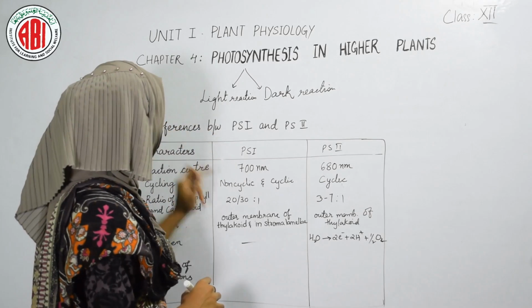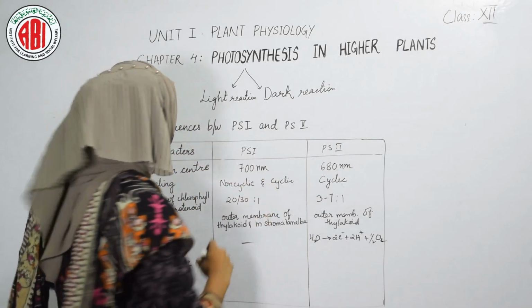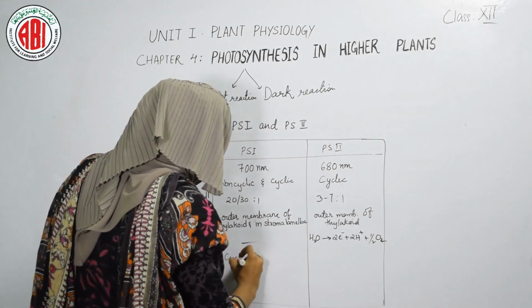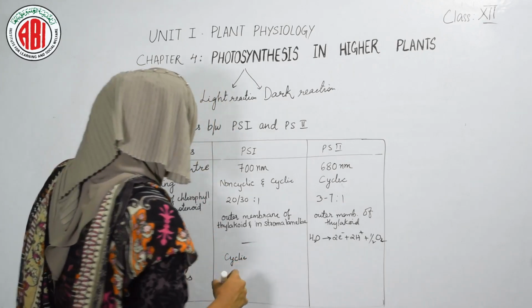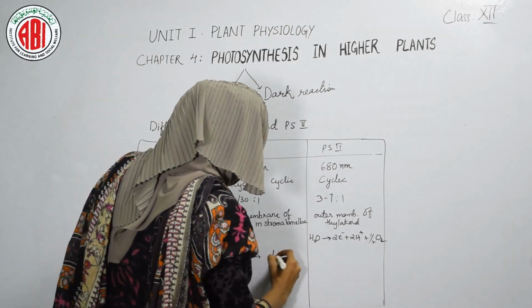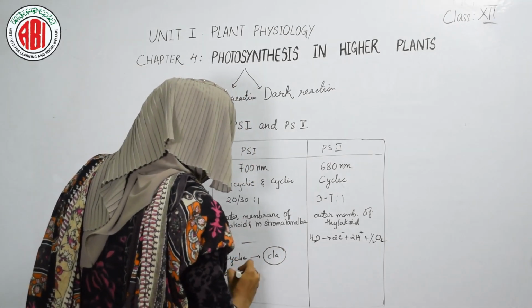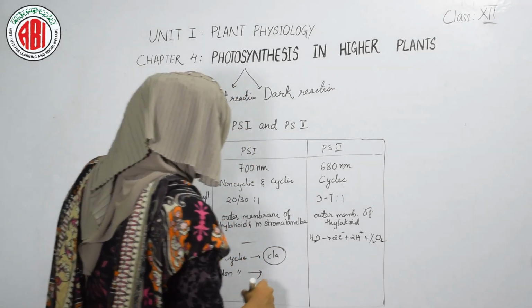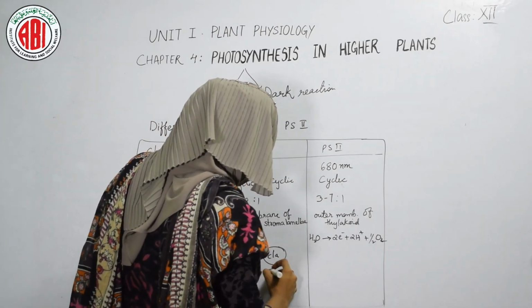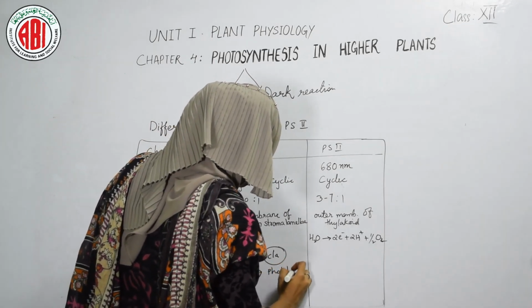The next one is source of electrons. Photosystem 1 is involved in both non-cyclic and cyclic. In the cyclic photophosphorylation, photosystem 1 receives electrons from the reaction center itself, whereas in non-cyclic photophosphorylation the source of electrons is the reaction called photolysis of water.